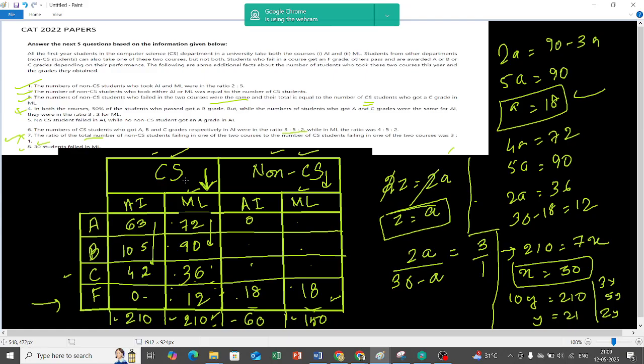Okay, but while the number of students who got A and C grades were the same for AI.